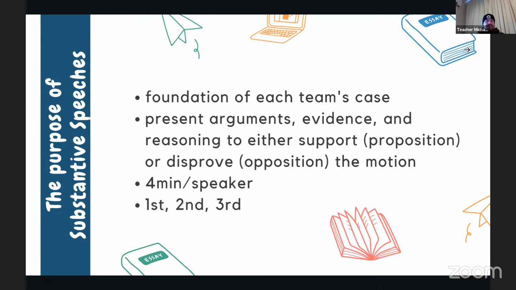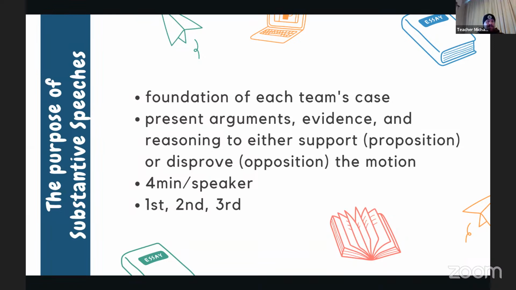So like we just discussed, the substantive speeches are the foundation of each team's case. In these speeches, they want to present arguments, evidence, and reasoning. And depending on which team they're on, remembering our terminology from last week, they will either support the motion if they're on the proposition team, or they will be aiming to disprove the motion if they're on the opposition team.